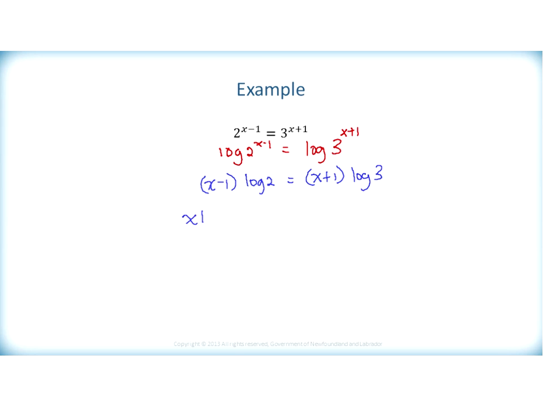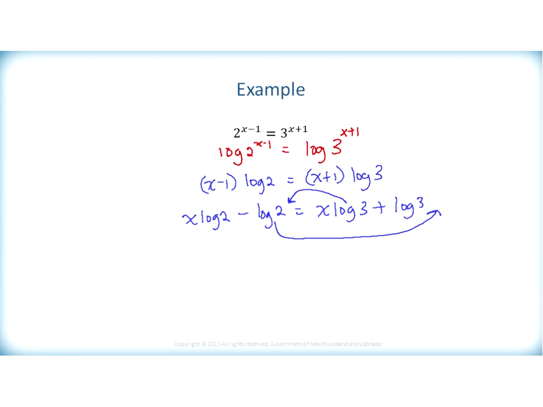So this will give us x log 2 subtract log 2 to equal x log 3 plus log 3. Now here, I'll move the terms with the x to one side of the equation, and move the others to the opposite side to collect like terms. So I'm going to move the log 2 to here, and move this to the other side.